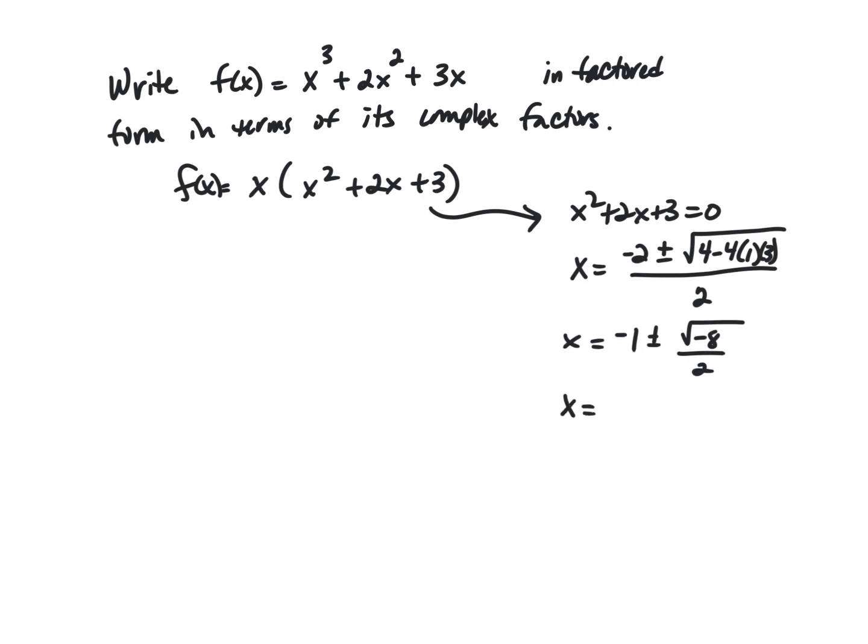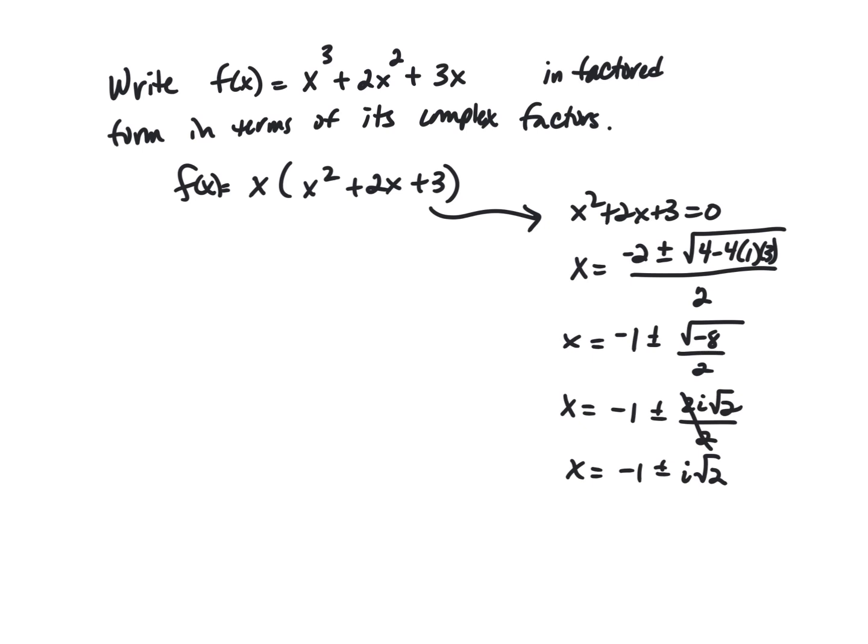So x equals negative 1 plus or minus the square root of 8 is 2 root 2, so it's going to be 2i root 2 over 2. And the i shows up because I did the square root of a negative 1. And by dividing by 2, I end up with i root 2. So I have my complex solutions of x based off of that quadratic factor.